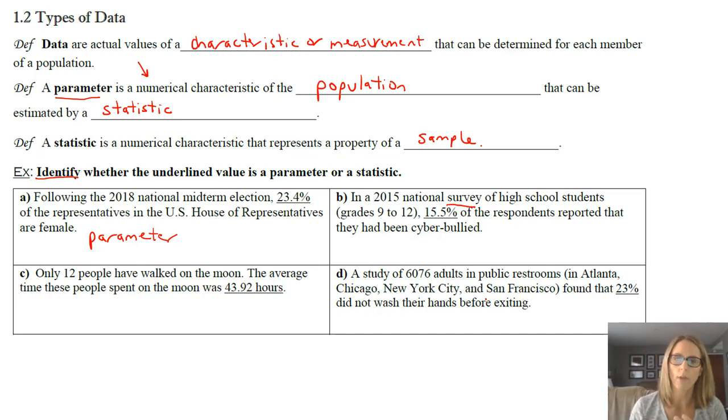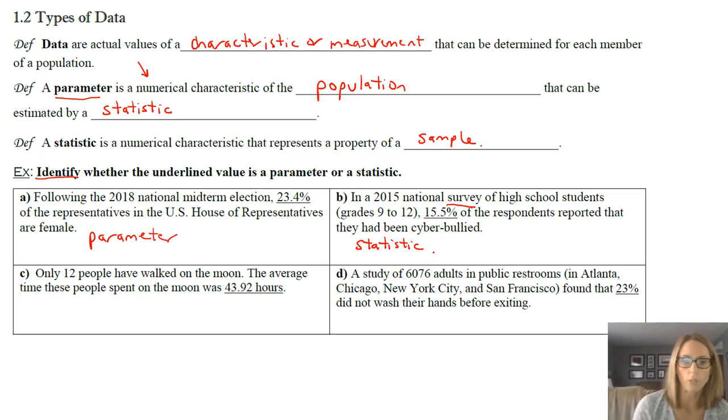So the idea that they could have asked every single student of the millions that are in high school in the US is virtually impossible. So because it says survey, we say, okay, they must have taken some sort of sample, and therefore this is a statistic.